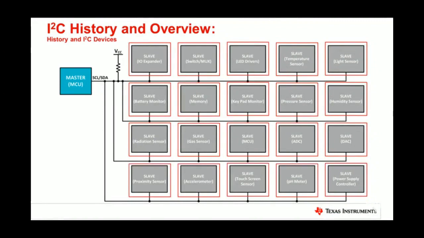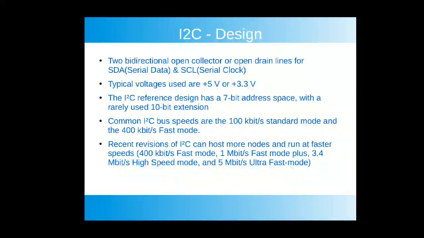For example, it can be used for I/O expander, switch or multiplexer, LED driver, temperature sensor, light sensor, battery monitor, memory, keypad monitor, pressure sensor, humidity sensor, radiation sensor, gas sensor, microcontroller unit, analog to digital converter, digital to analog converter, proximity sensor, accelerometer, touch screen sensor, pH meter, power supply controller, and more.